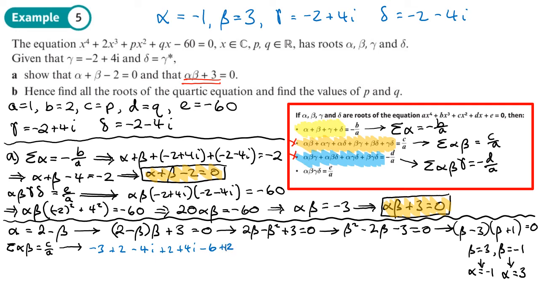I put 2, should be 12. Now beta delta, -6 minus 12i. And the last one, delta gamma, that's going to be -2 plus 4i times by -2 minus 4i.